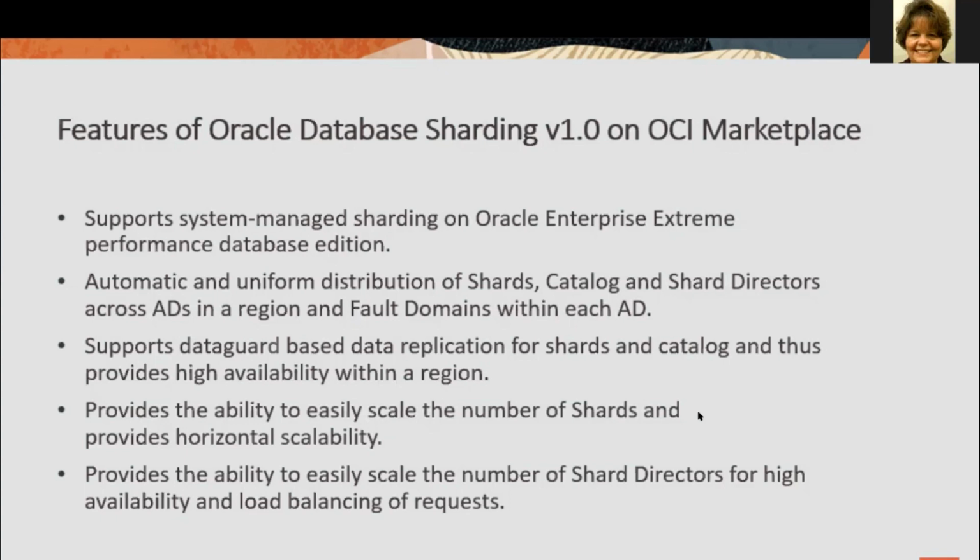It also supports Data Guard based data replication, which you just saw in the example topology for shards and catalog, and thus provides high availability within a region. It also provides the ability to easily scale the number of shards, thus providing horizontal scalability. It also provides the ability to easily scale the number of shard directors for high availability and load balancing of requests.